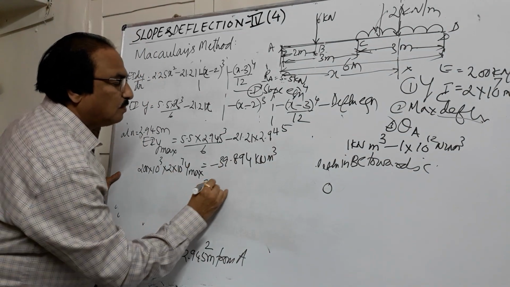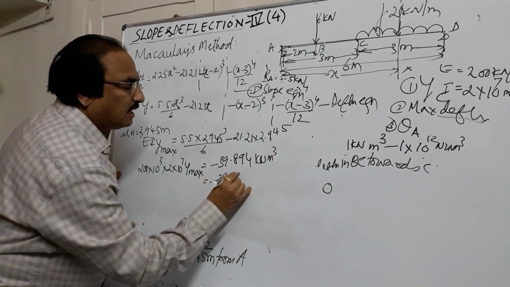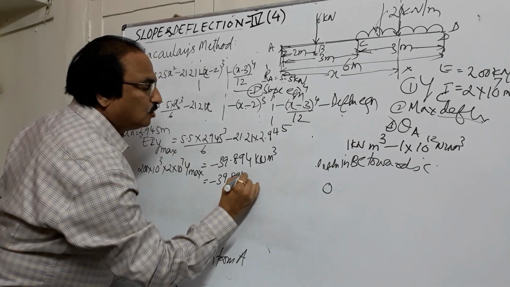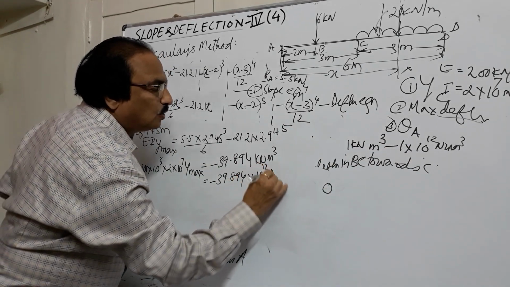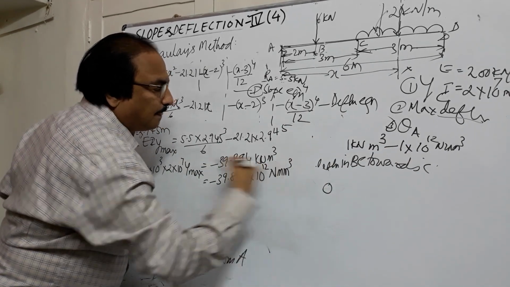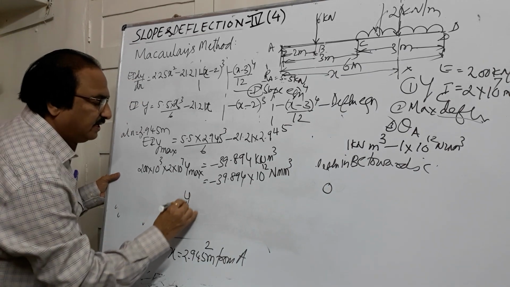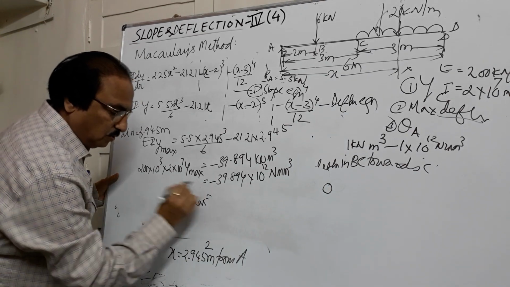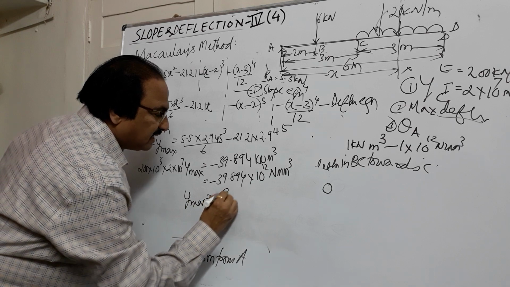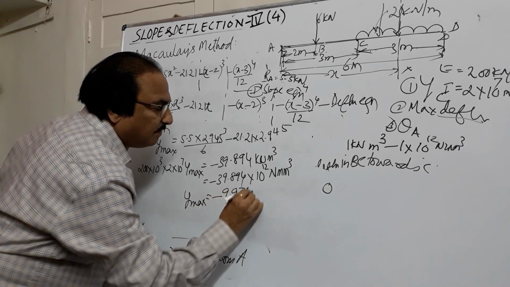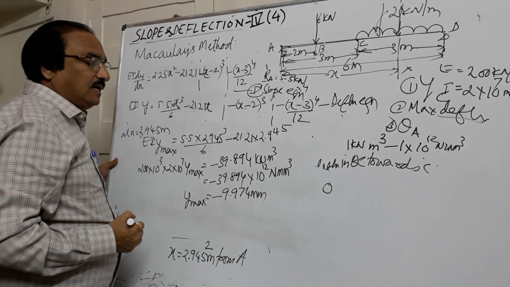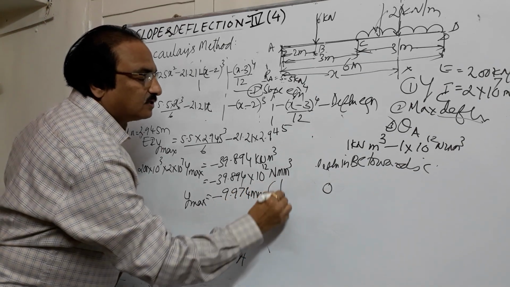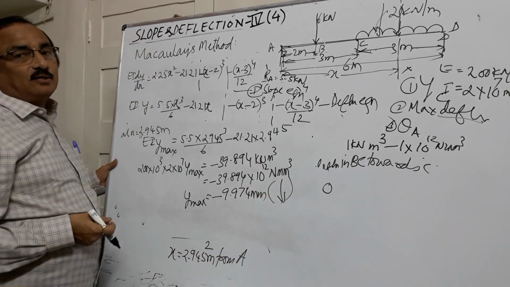So this will be equal to minus 39.894 into 10 to the power of 12 Newton mm cube. So if I simplify here, y max, the maximum deflection, is minus 9.947 mm, and this deflection will be downwards because it is negative.